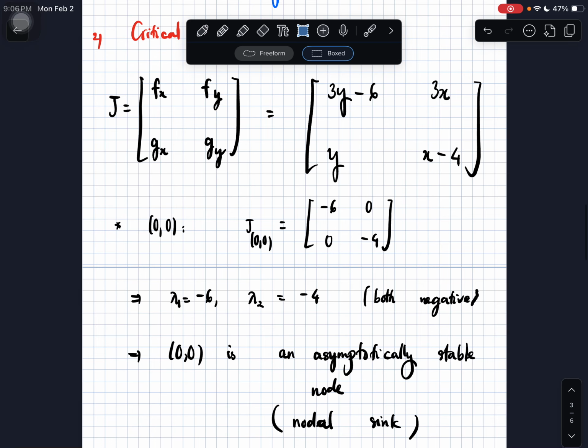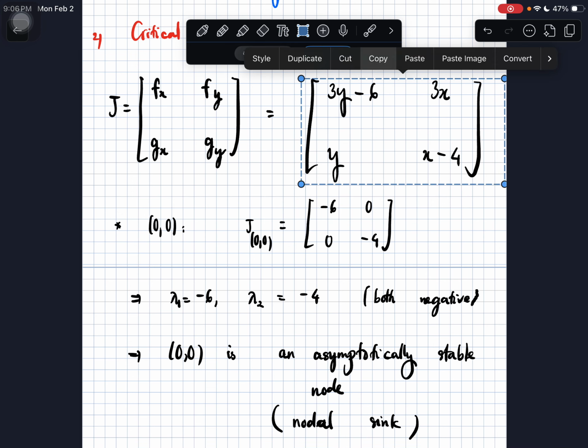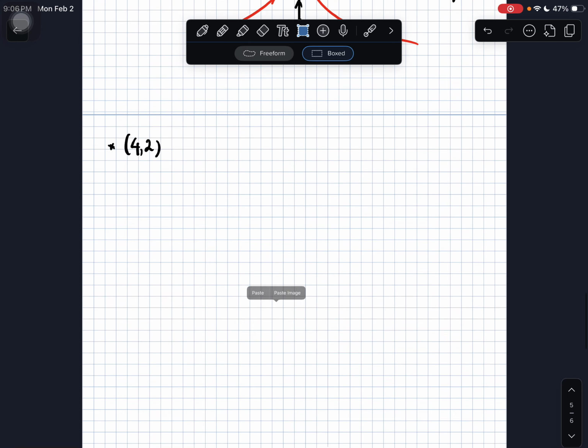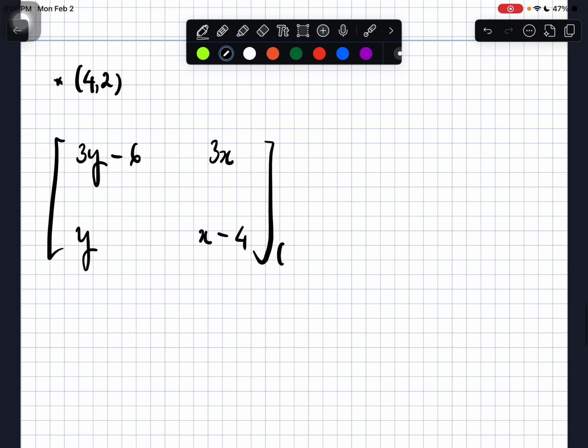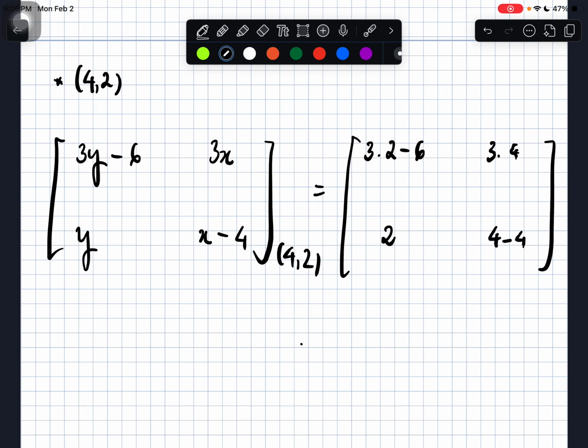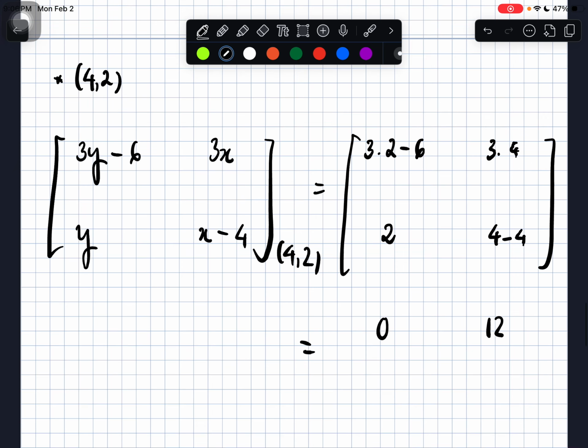Now we look at the second critical point, (4, 2). The Jacobian matrix at (4, 2) is: 3 times 2 minus 6, 3 times 4, 2, 4 minus 4, which is [0, 12; 2, 0].